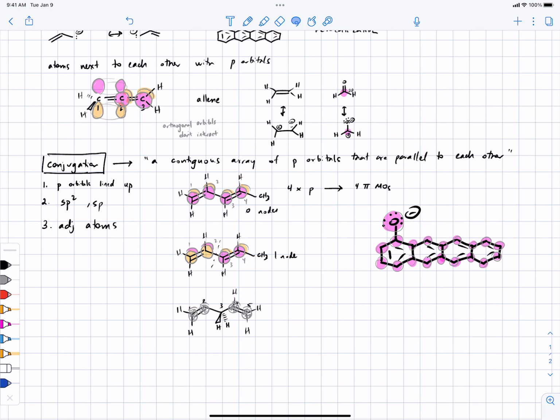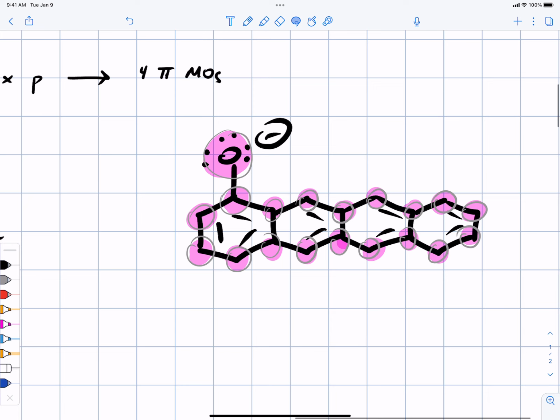All right, let's talk. Any questions you want to ask about what conjugation is? Yes. I know that in this resonance structure there should be every other carbon atom that would hold a negative charge. Is there more molecular reasoning behind that? You remember that the answer to this was based on the idea that when you draw resonance structures and you have a negative charge, or a positive charge for that matter, the charge is held on alternating atoms.